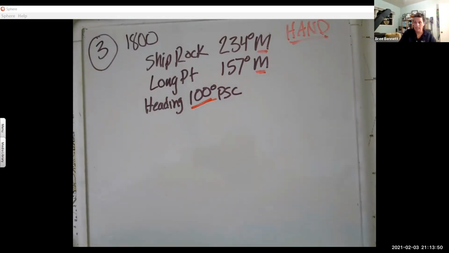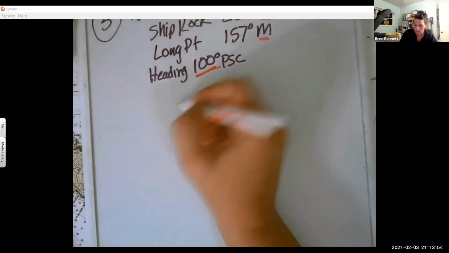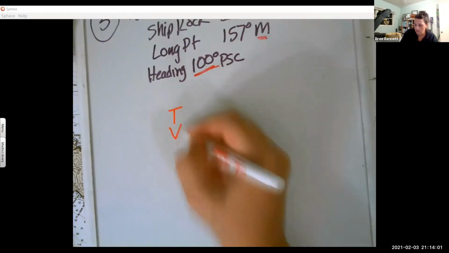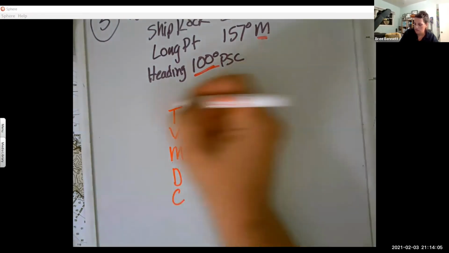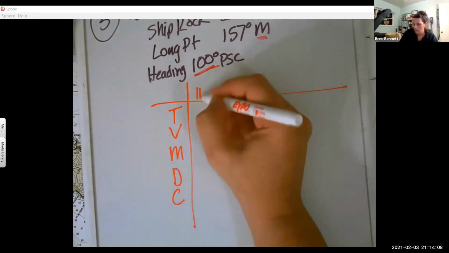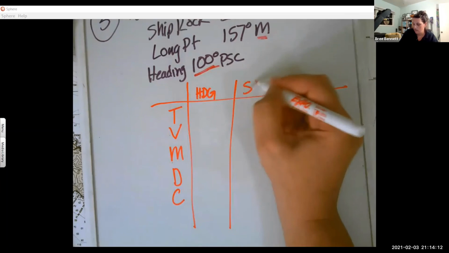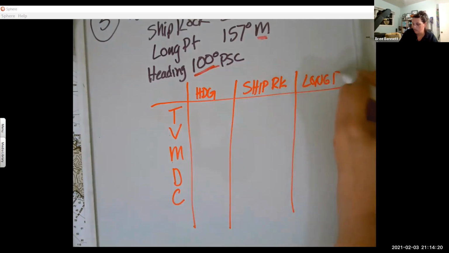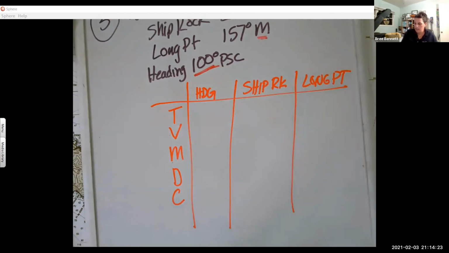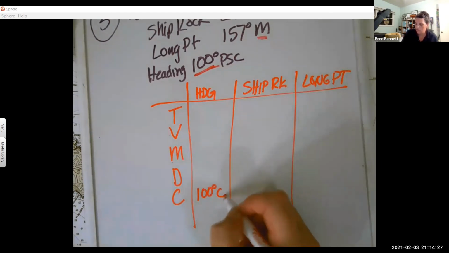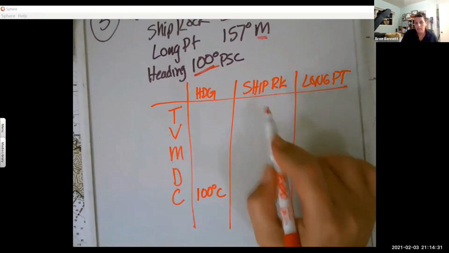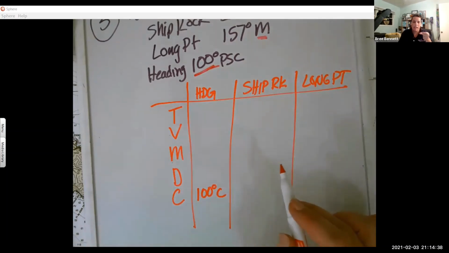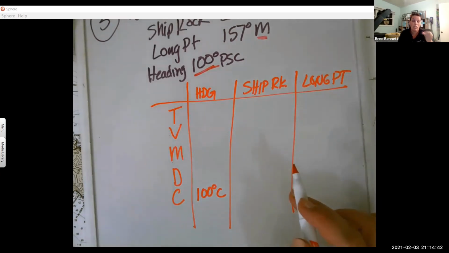Okay, so let's plug this in. So our heading is 100, but our bearings that we got with our handheld compass don't have deviation, because they're saying our handheld magnetic compass is pointing directly to the magnetic north pole.